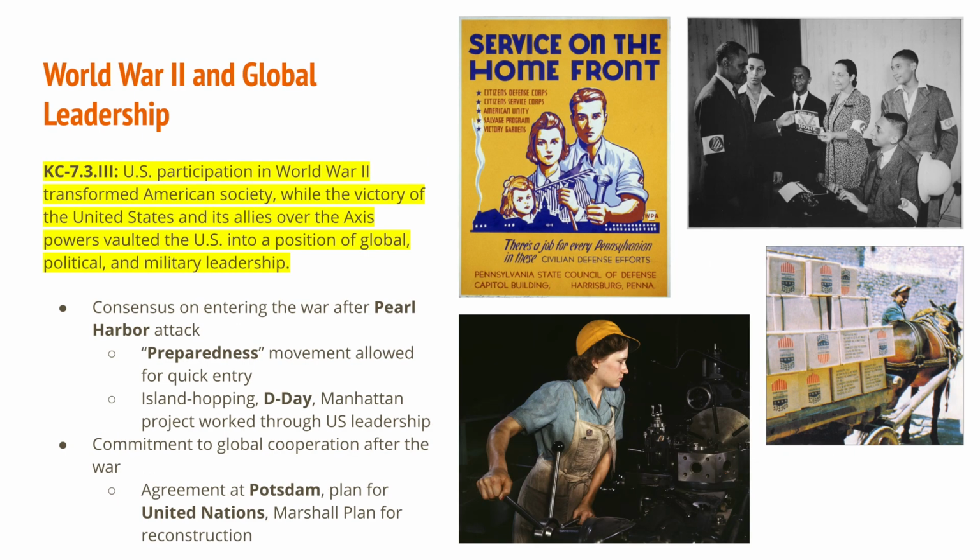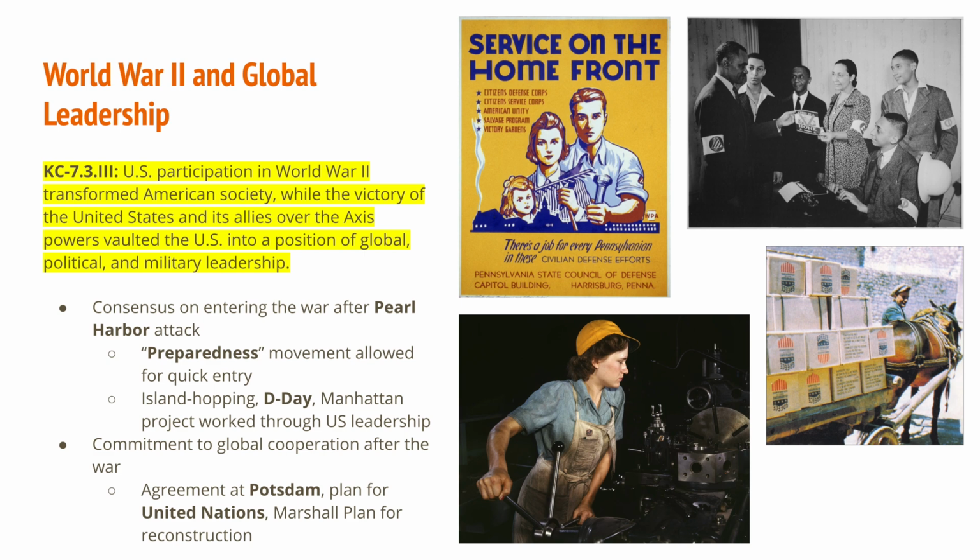And finally, U.S. participation in World War II transformed American society, while the victory of the United States and its allies over the Axis powers vaulted the U.S. into a position of global political and military leadership. So again, entering into the war, this was slightly different than in World War I, because there was a clear consensus that the United States should defend itself and should make Japan answer for their attack on Pearl Harbor.